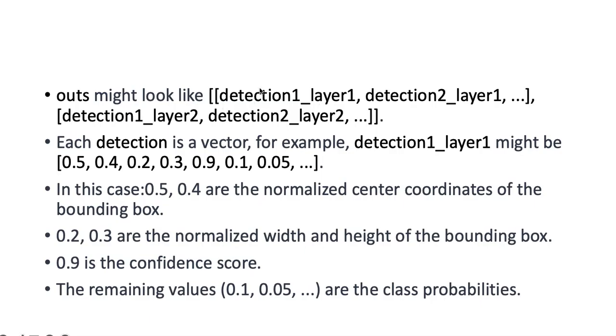Let me show you, we are picking this now and processing it. How is it stored? It is stored like I have just shown: the center coordinates, the height, width, the confidence score, and the probability scores. That's what this detection is, in this format. Now I am processing this. Okay.